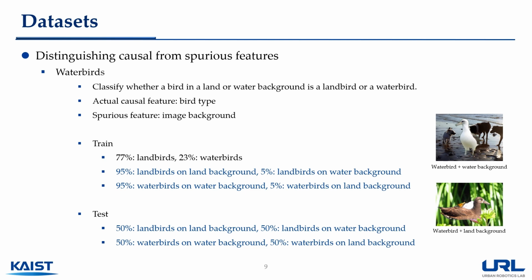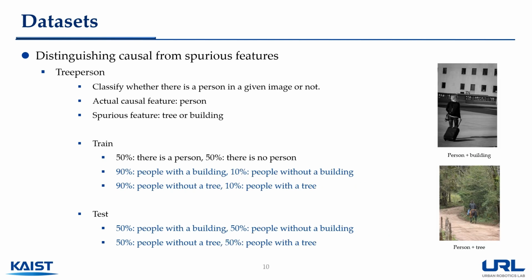In the train dataset, 95% is landbirds on land background and 95% waterbirds on water background. In the test dataset, 50% is landbirds on land background and waterbirds on water background. And second is CelebA.